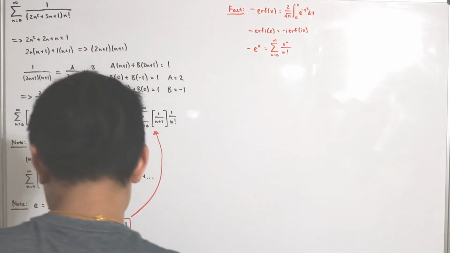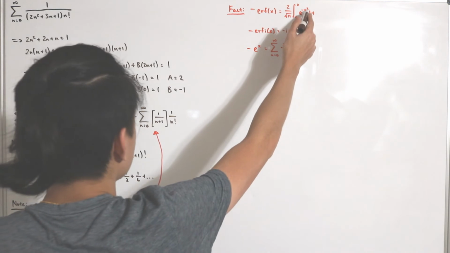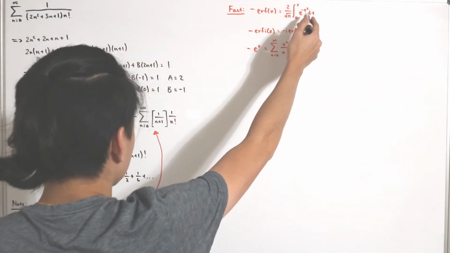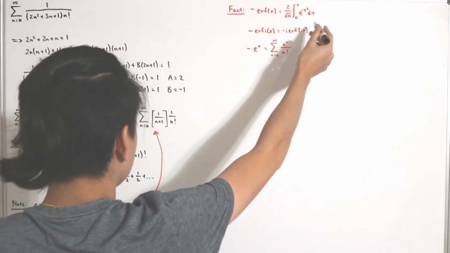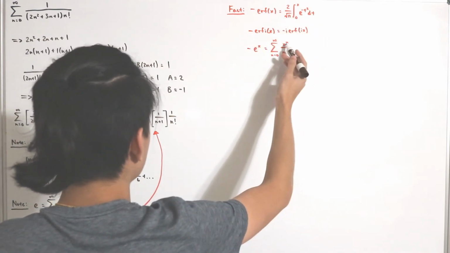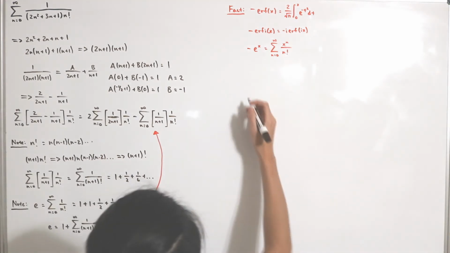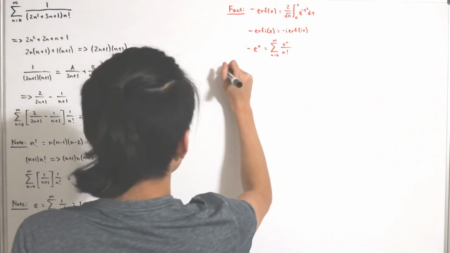So for the error function, we're going to replace our e to the negative t squared and express that in terms of the series. So in this case, we let x equal negative t squared and plug negative t squared into the series.